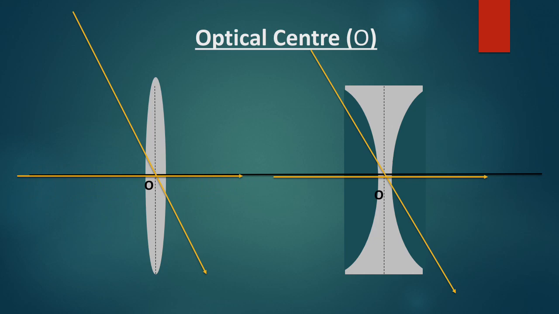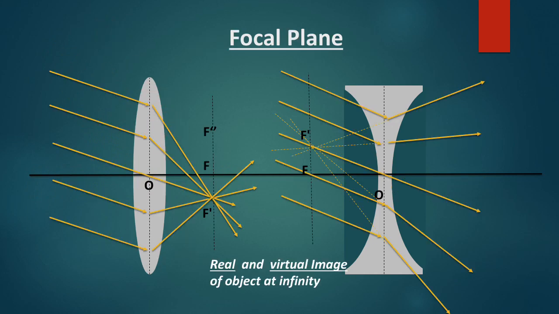Clear? Now if we take more than one ray and all the rays are parallel, you see this is the ray passing through the optical center, remaining undeviated, and the other rays are parallel to this ray. Here these parallel rays are actually the rays coming from an object which is taken at infinity.